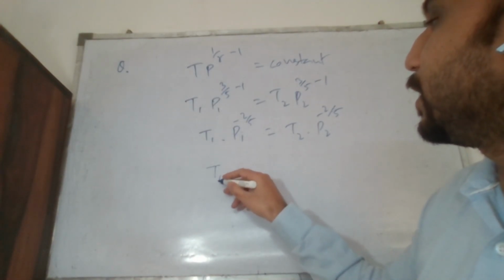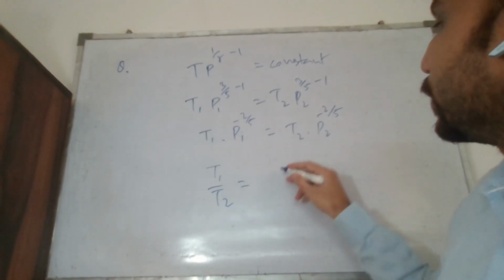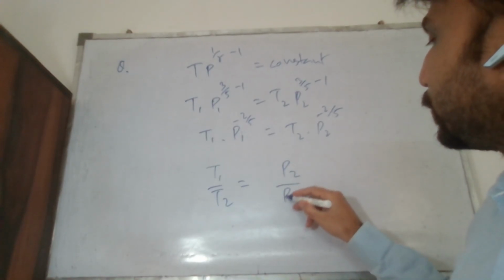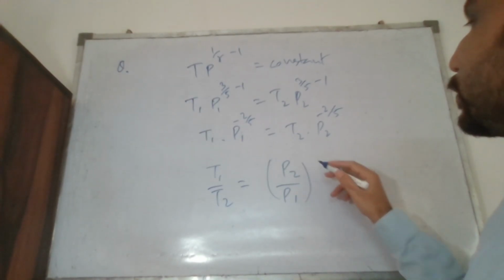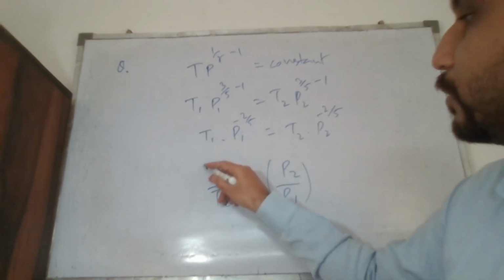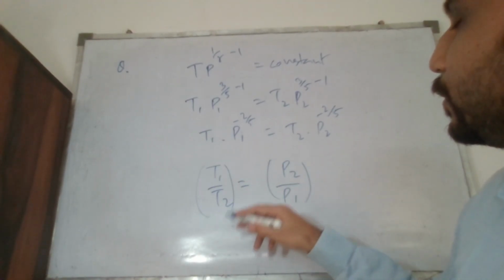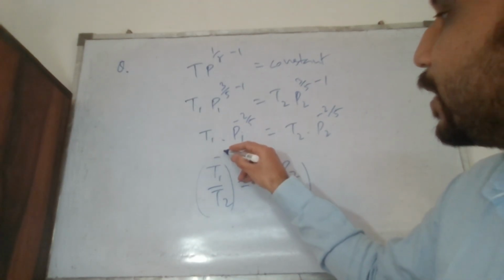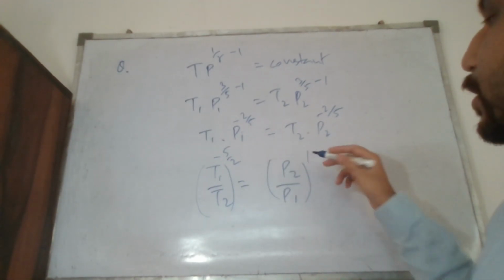So this means T1 upon T2 is equal to P2 upon P1 to the power minus 2 by 5, or we can say T1 upon T2 to the power minus 5 by 2 is equal to this.